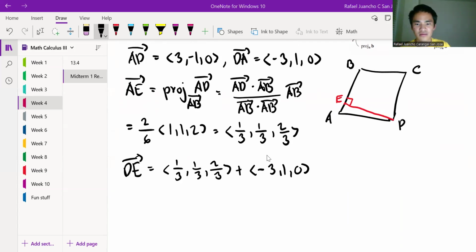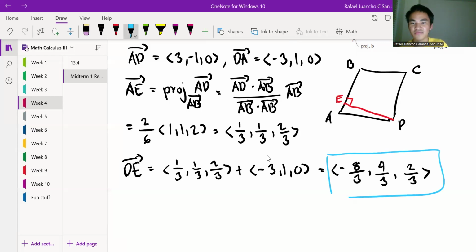And I should get 1/3 - 3, 1/3 + 1, and so I get -8/3, 4/3, and 2/3. So yeah, that's the vector. Wow, that was really tricky.